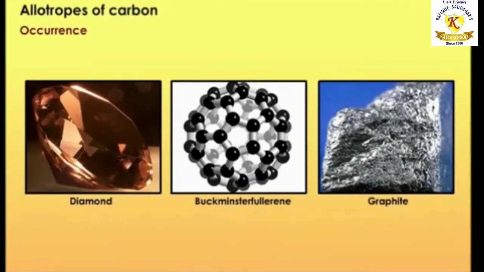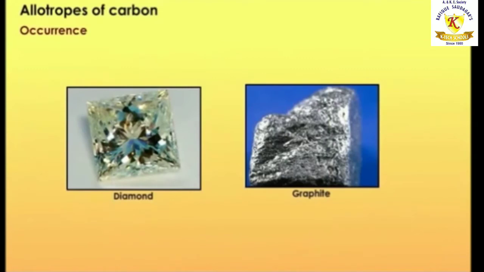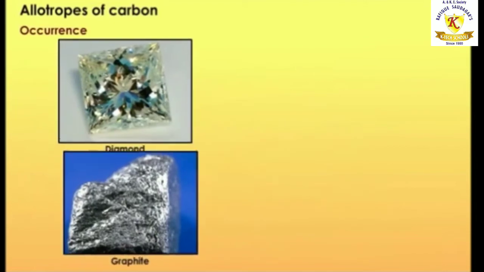Are you getting me? For example, in crystalline form, pure carbon is found as graphite, diamond, Buckminster fullerene, or else we can say fullerene. Diamond and graphite are chemically identical and consist of only carbon atoms.